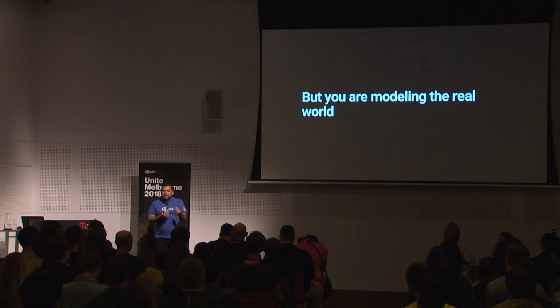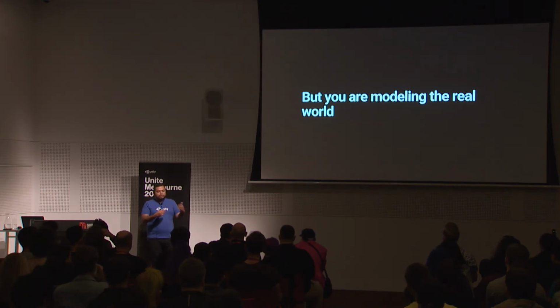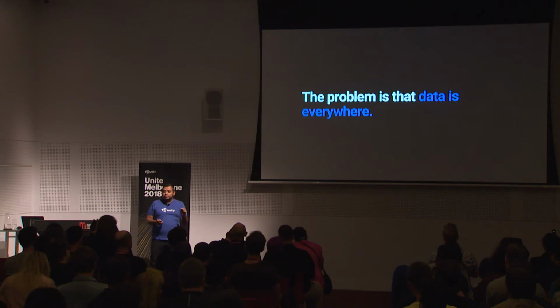Probably you get the idea by now that how our brains think and solve problems is different from how a computer sees problems, even if it's a PC, a console, or a mobile device. It's a different way. Thus, you get the idea that the problem is that data is everywhere. That's the main problem.